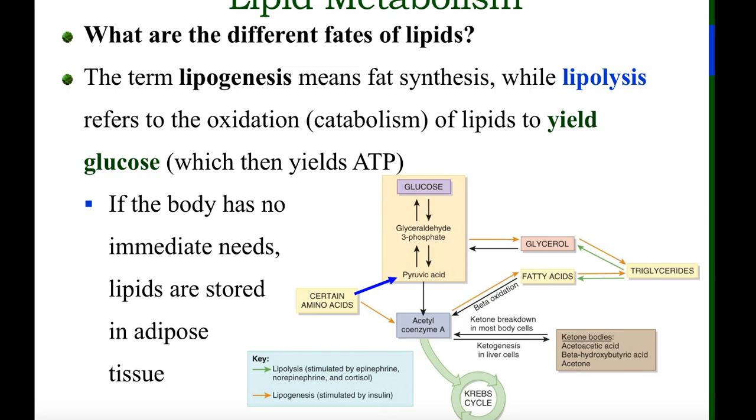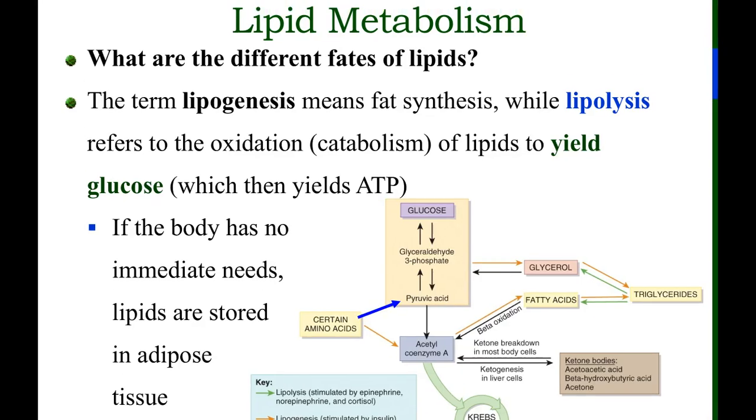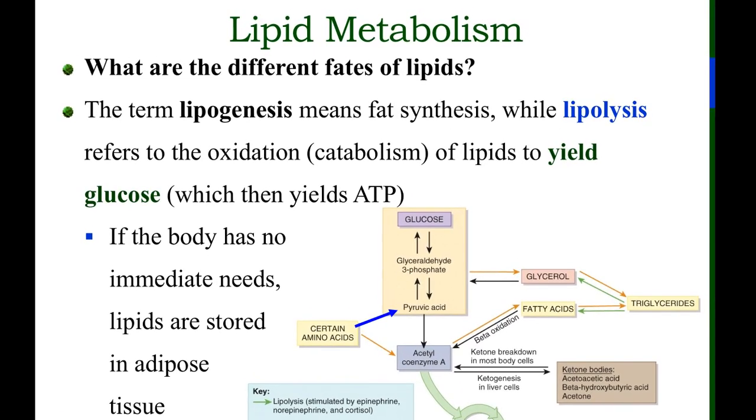And that can go down into the Krebs cycle. So acetyl-CoA is kind of like this central molecule that all food groups can be turned into as an energy source. And then again, if they accumulate due to fat breakdown, you can get these ketone bodies.